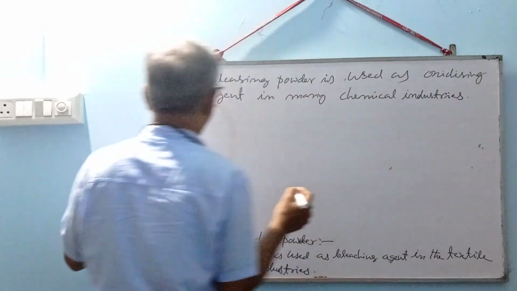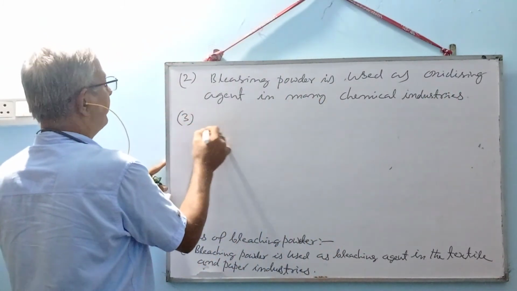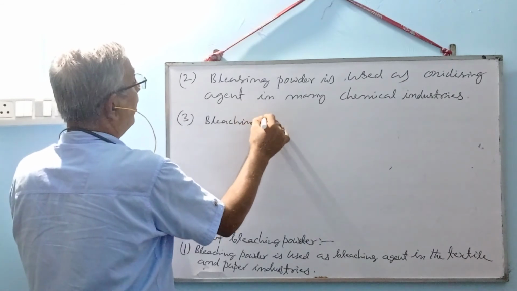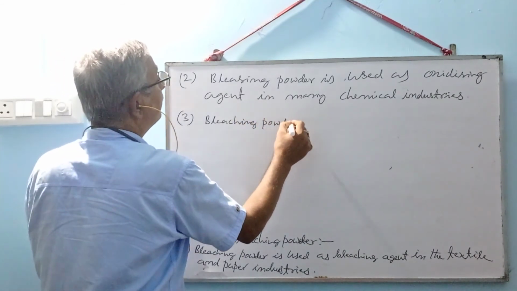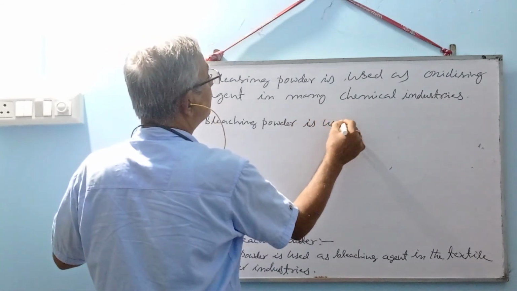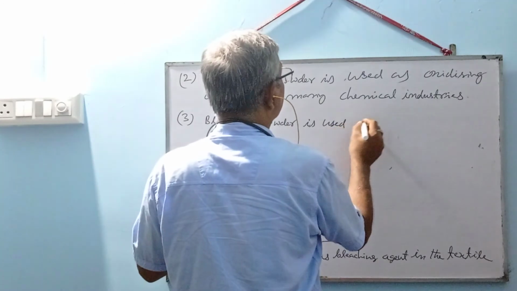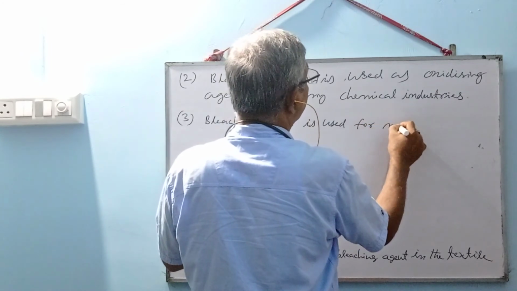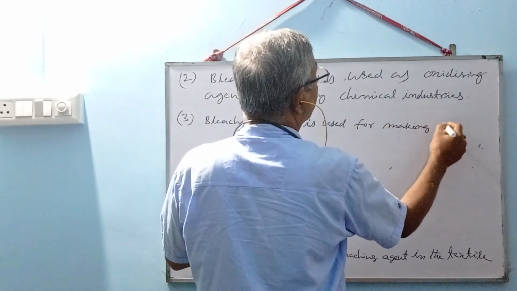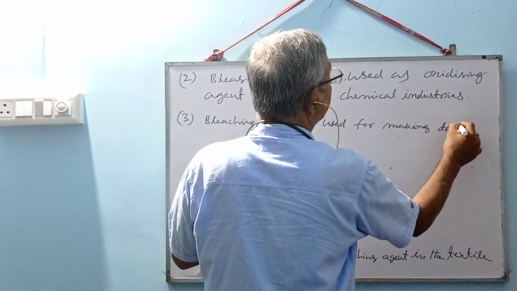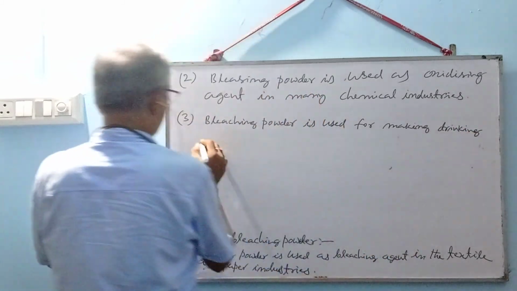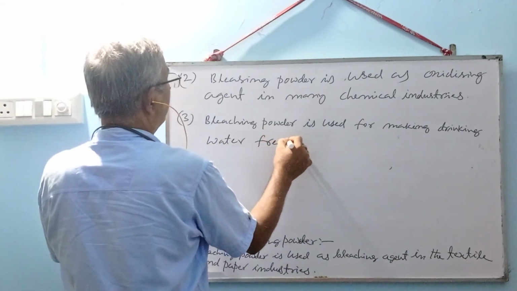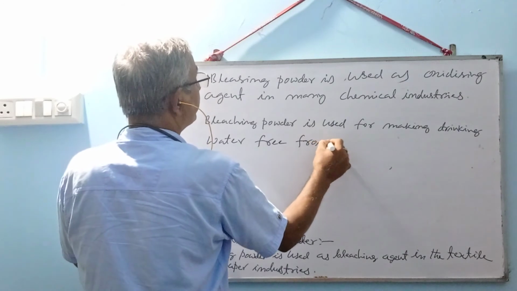I hope you understood. After that, third point I am talking: bleaching powder is used for making drinking water free from germs.